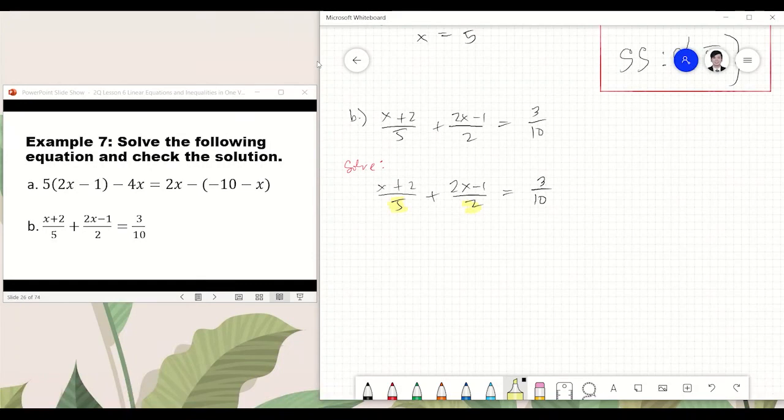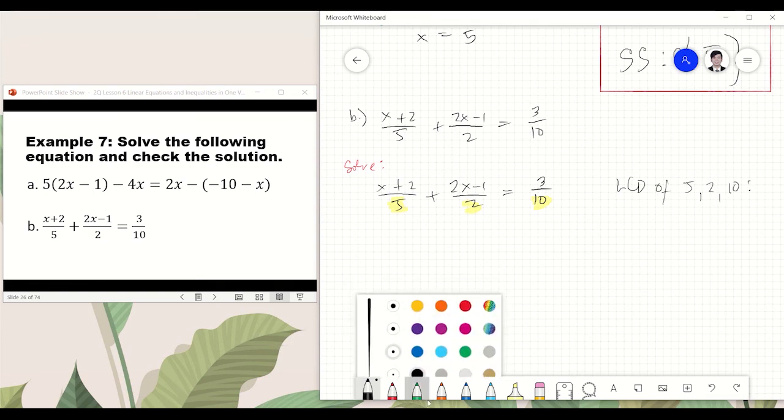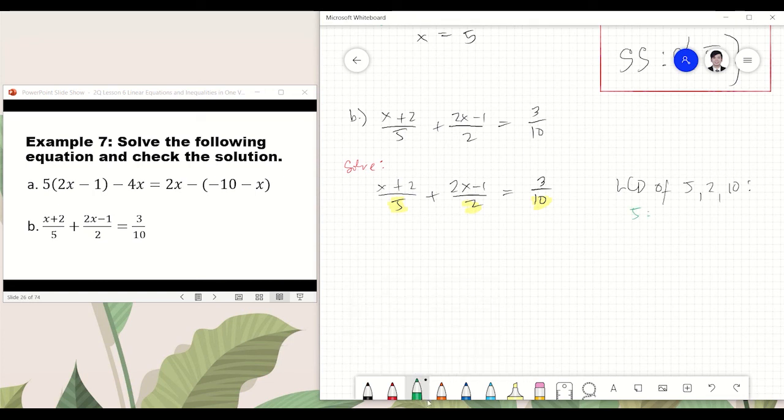So 5, 2 at saka 10. Hanapin natin yung LCD ng lahat ng denominators na yan. So, what is the LCD of 5, 2, at saka 10? Yung 5, that's simply 5. Yung 2 naman, 2. Yung 10 naman, that's 5 times 2.